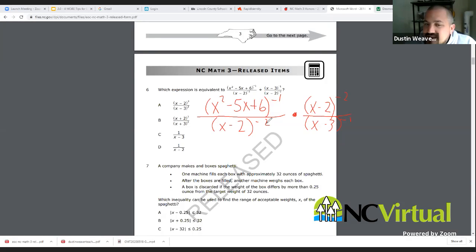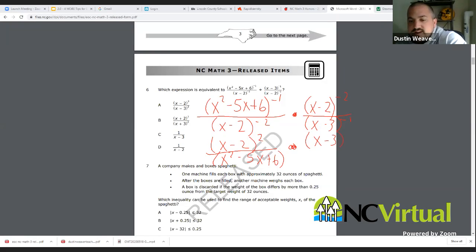Now, they all have negative exponents. So what I need to do now is flip them to make them positive. So it's going to be x minus 2 squared over x squared minus 5x plus 6 to the first power. I don't have to write anything there. And then it's going to be x minus 3, so I don't have to write anything there, over x minus 2 squared.